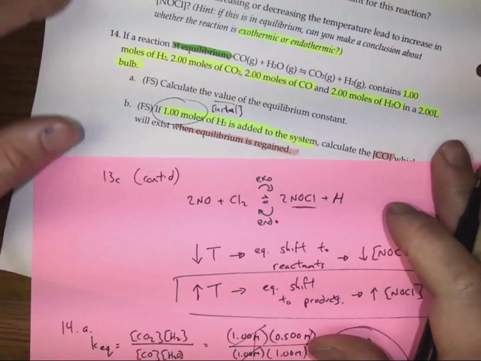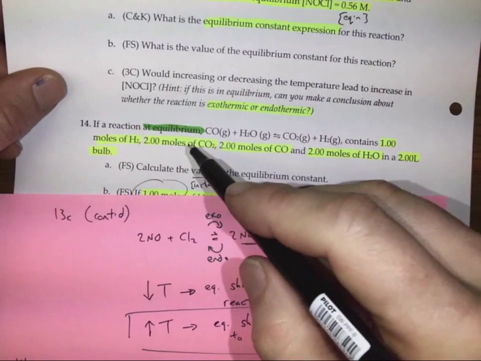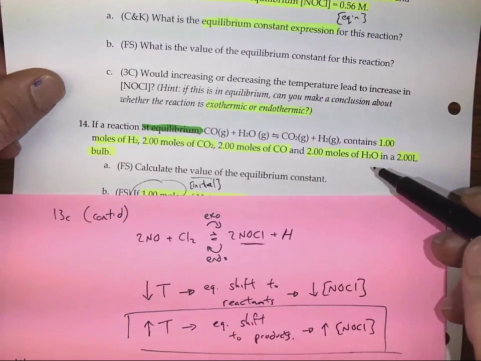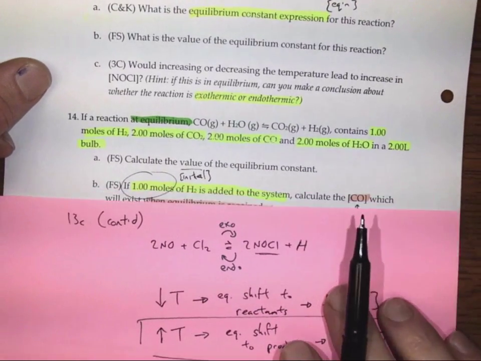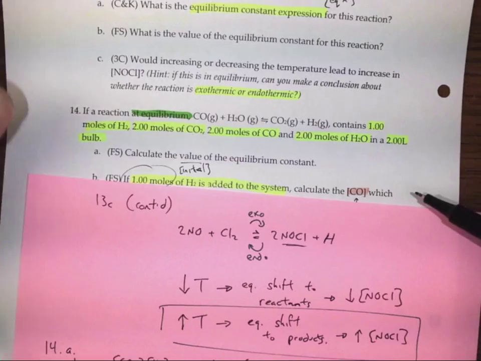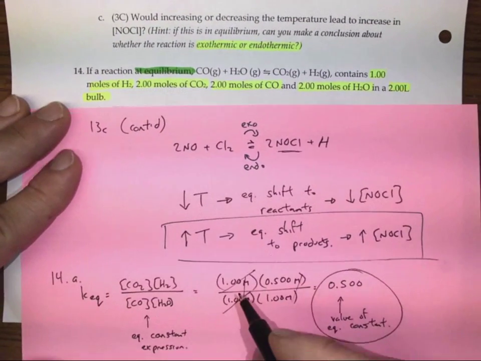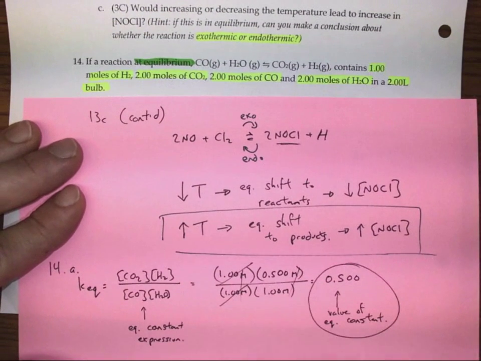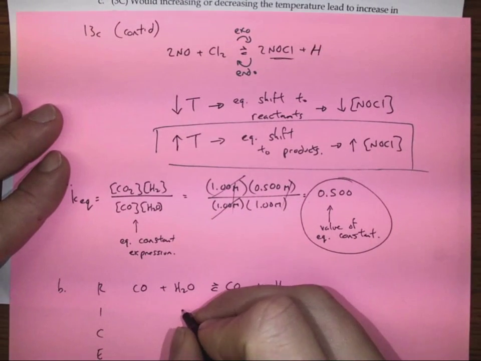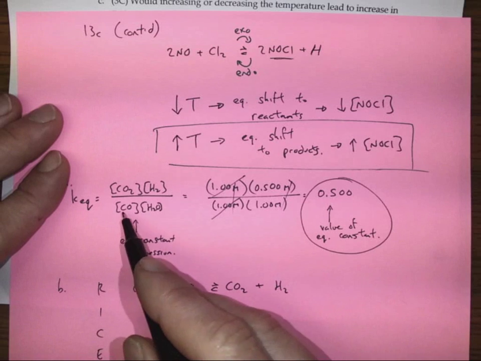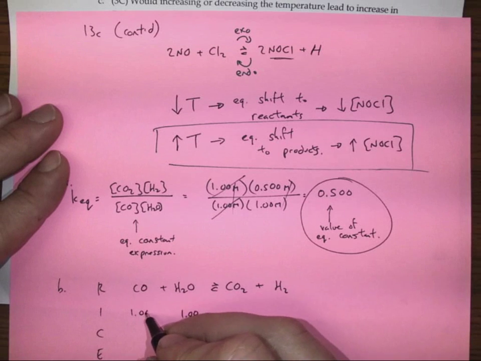Now, each of these substances are original initial concentrations, except for the hydrogen. The hydrogen is going to be a little different. We're going to add another mole here. So I already calculated these concentrations for everything else. For water, it was 1.00. Carbon monoxide, we calculated it to be 1.00.